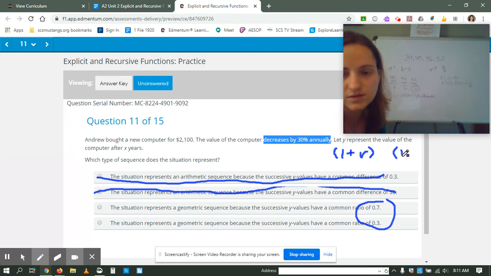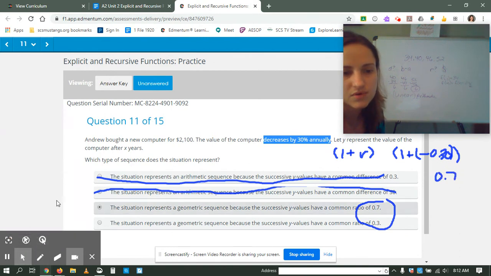So we're doing the 1 plus, and it's a decrease, so negative 0.30 if I switch it to a decimal. So 1 plus a negative 0.3, if we put that in our calculator, is going to give us 0.7. So the rate for this problem is going to be 0.7.